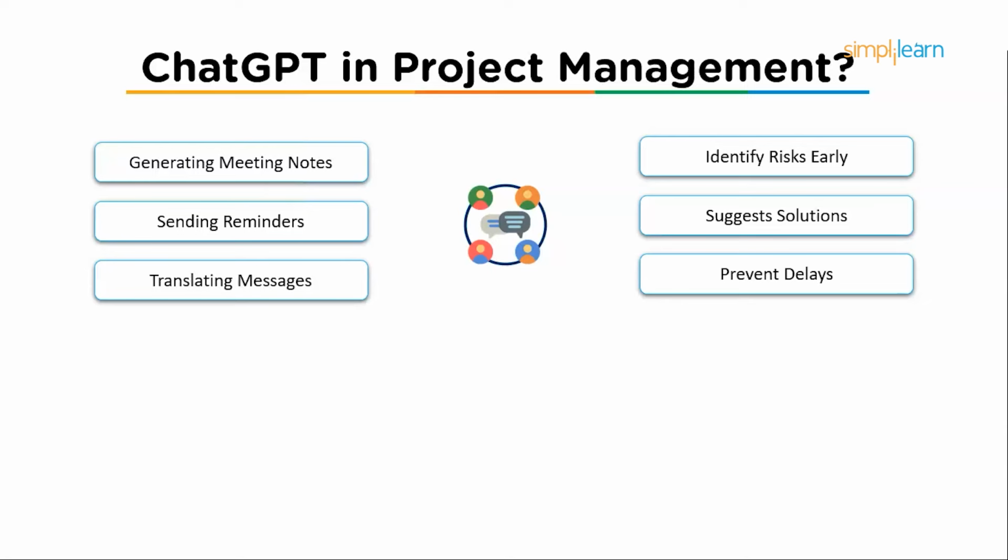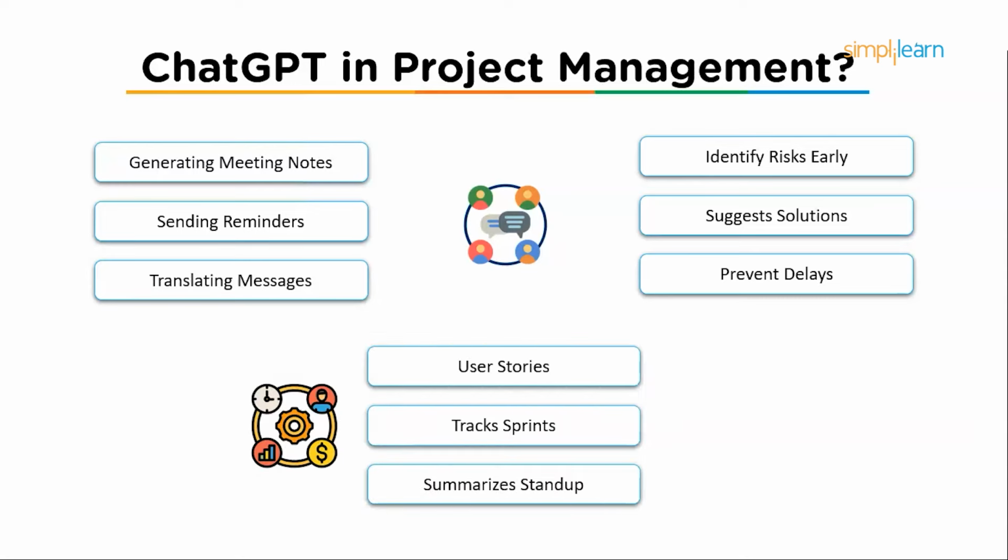It also helps identify risks early, suggests solutions, and prevents delays. For Agile and Scrum teams, ChatGPT writes user stories, tracks sprints, summarizes stand ups, and more. Additionally, it optimizes resource allocation, tracks expenses, and assists with vendor communication, ensuring efficient project execution.